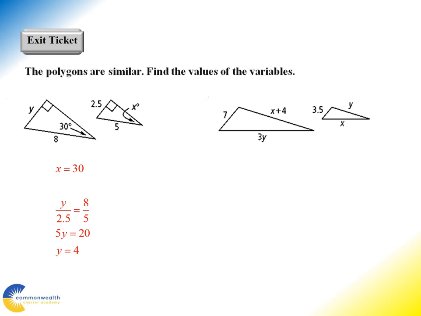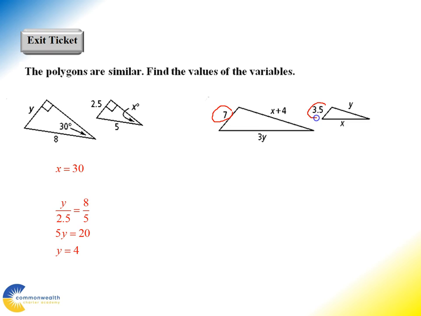So one of the things I have to be careful about is that I could set up equations here that I may not be able to solve. For instance, if I do 3y over x equals x plus 4 over y, I'll have two variables in that equation. It'll be very difficult for me to solve. So it's always a good idea for me to locate the one piece of information that is known in both triangles, especially when I'm setting up the ratios.